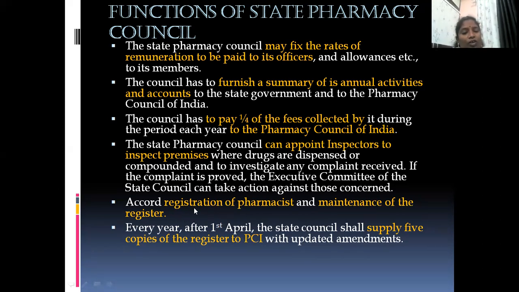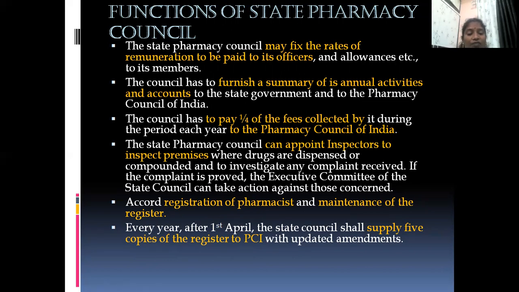Next, the registration of pharmacists and maintenance of the register. They will maintain the first register, as I already told you. The first register contains the names of qualified persons, graduated pharmacy students who register their names and then act as registered pharmacists.